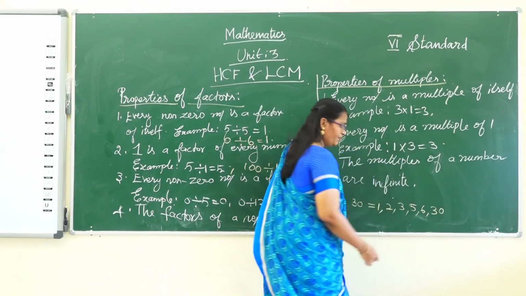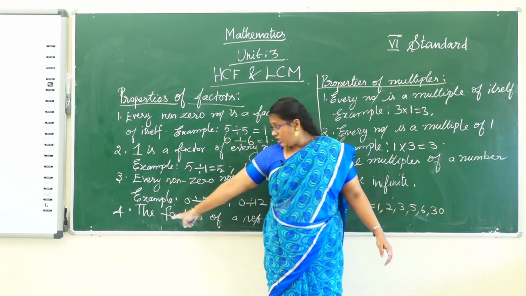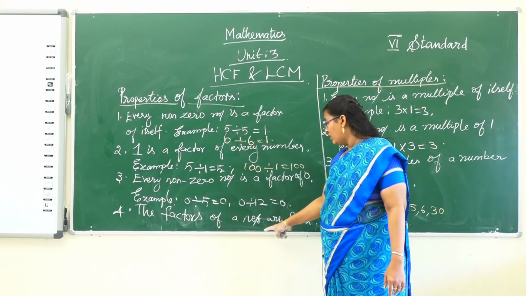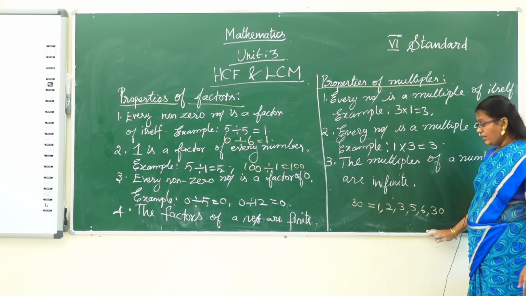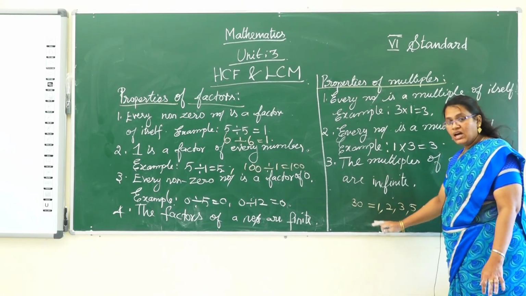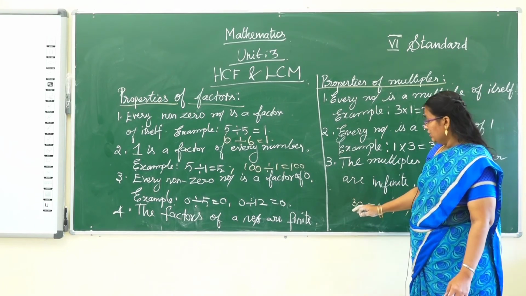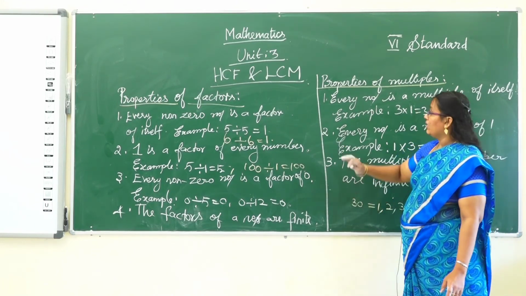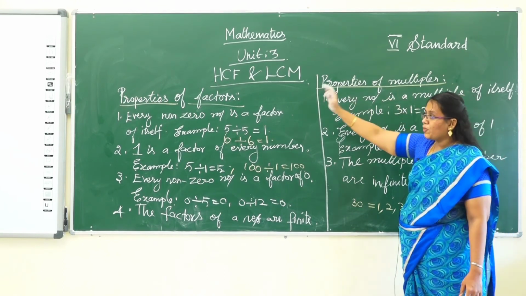So the factors have come to an end. That is the statement given: the factors of a number are finite. That is the fourth property.